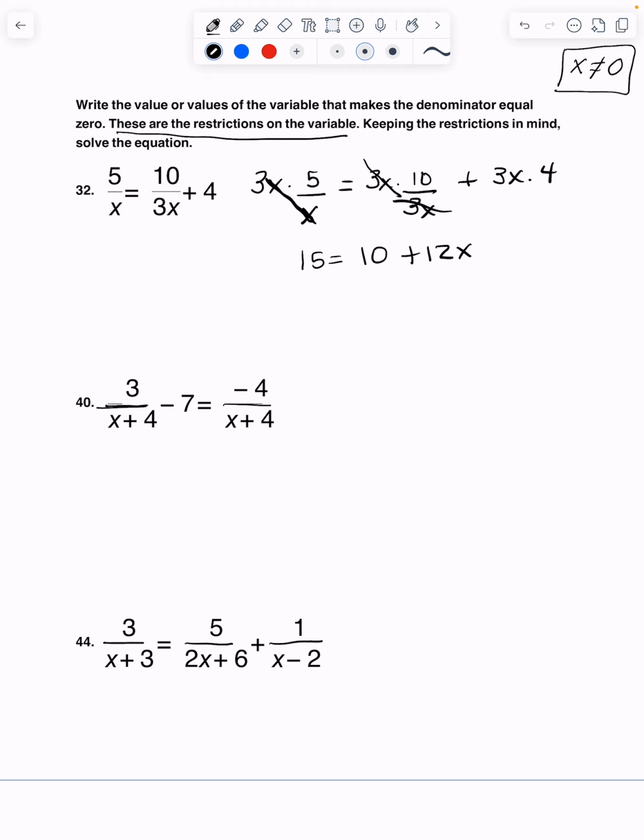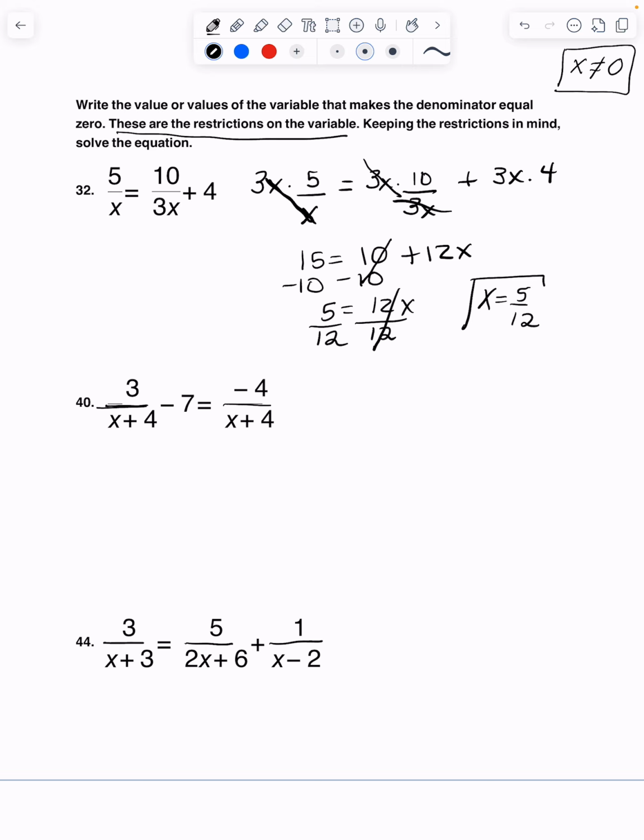If I want to solve for x, I'm going to take everything that doesn't have my variable to the other side by doing the opposite. 15 minus 10 is 5. I get 5 equals 12x. Solving for x, if I'm multiplying by 12, I'm going to do the opposite and divide by 12. So x ends up being 5/12.